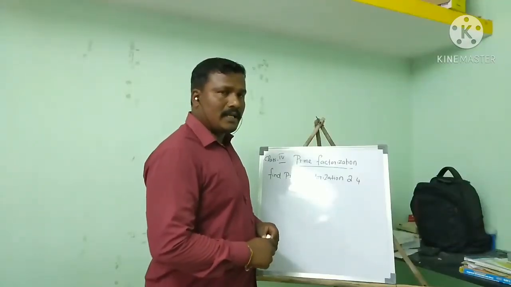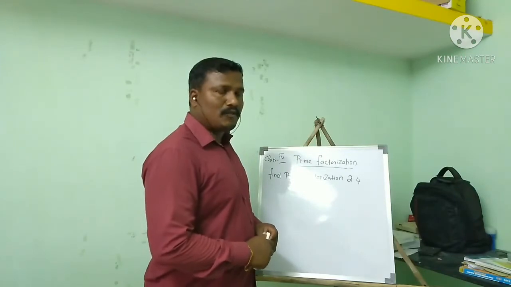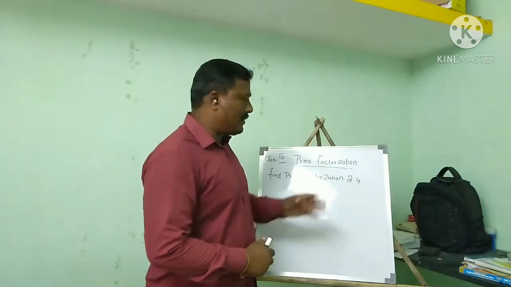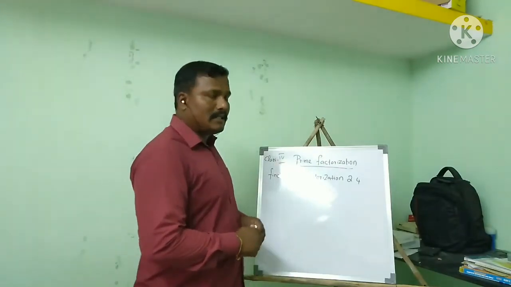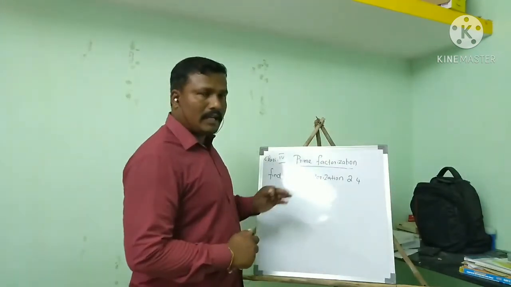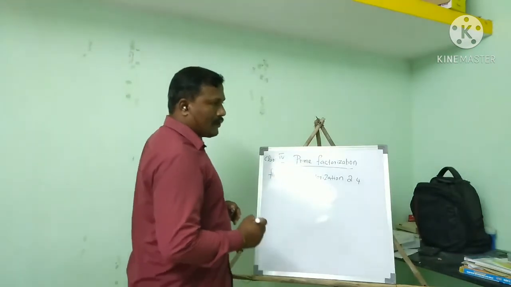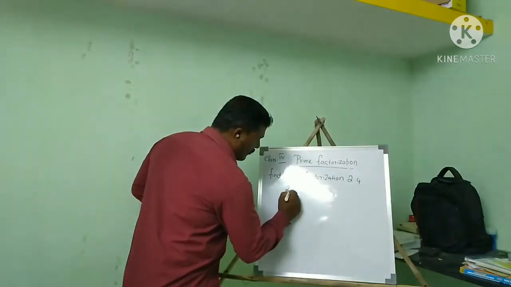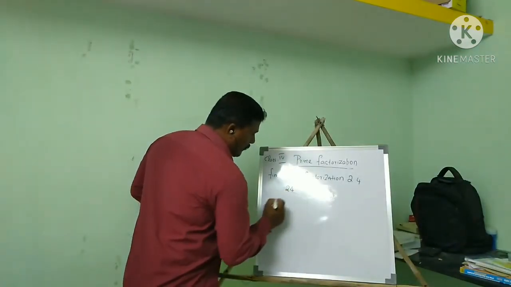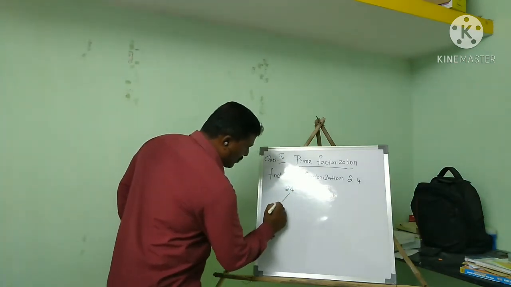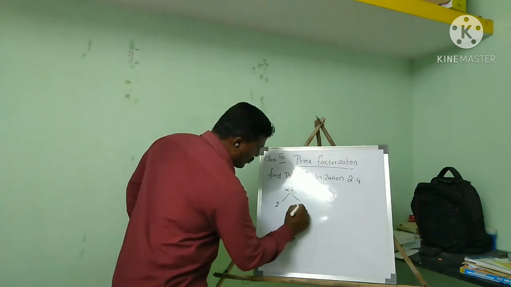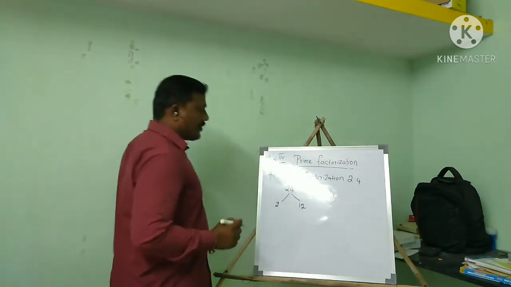Okay students, let me see some other example, to find the prime factorization of 24. There are two methods. First I will tell you method 1. 24. So 2 12s are 24.